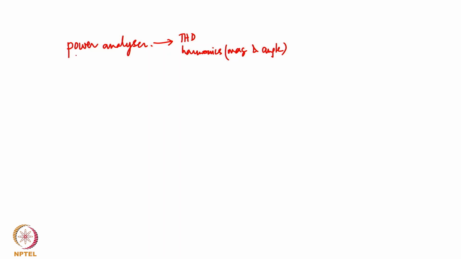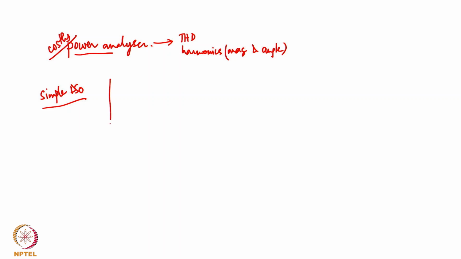But this one is very costly. This is the problem. This instrument is actually very costly. Now the other way, if you do not have a power analyzer and if you have a simple DSO, digital storage oscilloscope, you can find out the THD of the input current or the harmonic spectrum of the input current by using the formula shown before.